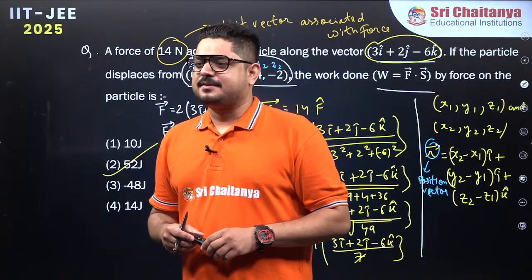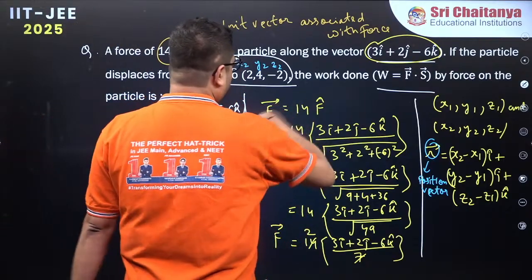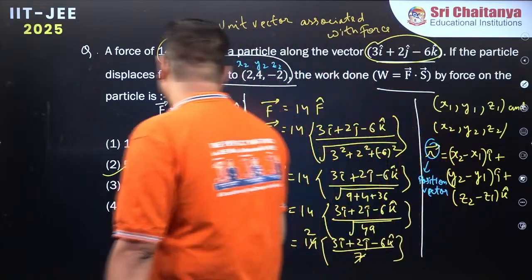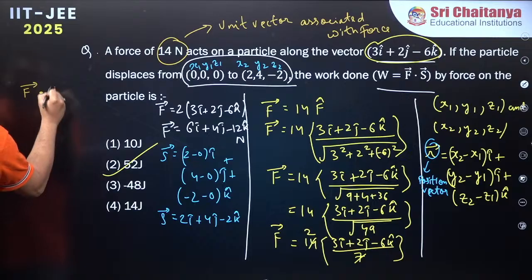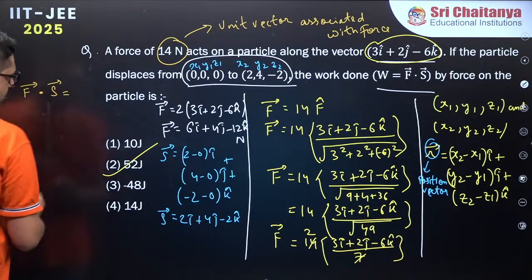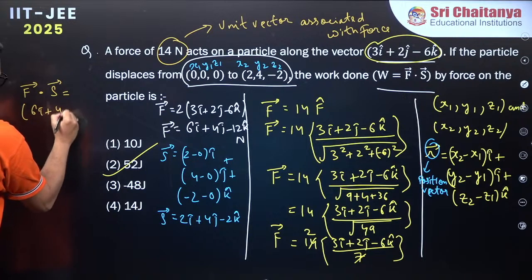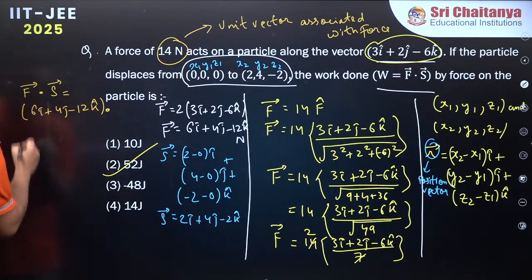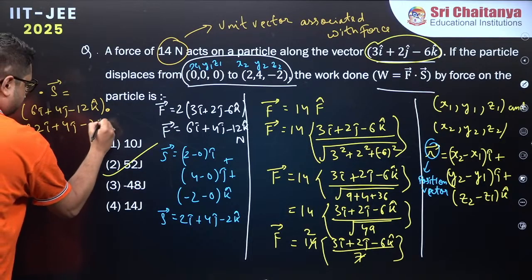Okay, great. Now we need to perform the dot product between them. In other words, you are being asked to perform F dot S. So let's write it down like this. F dot S, where a thick dot means dot product, is (6i cap plus 4j cap minus 2k cap) dot (2i cap plus 4j cap minus 2k cap).